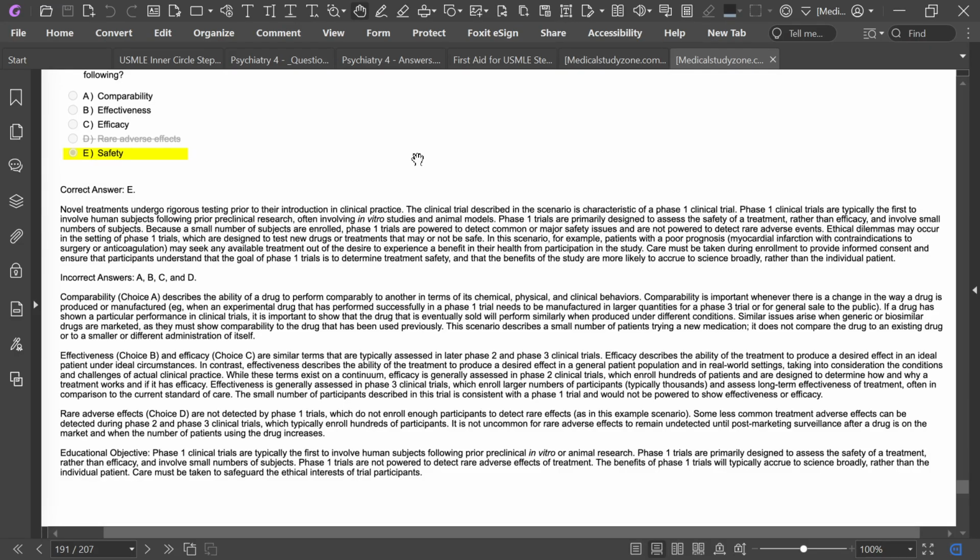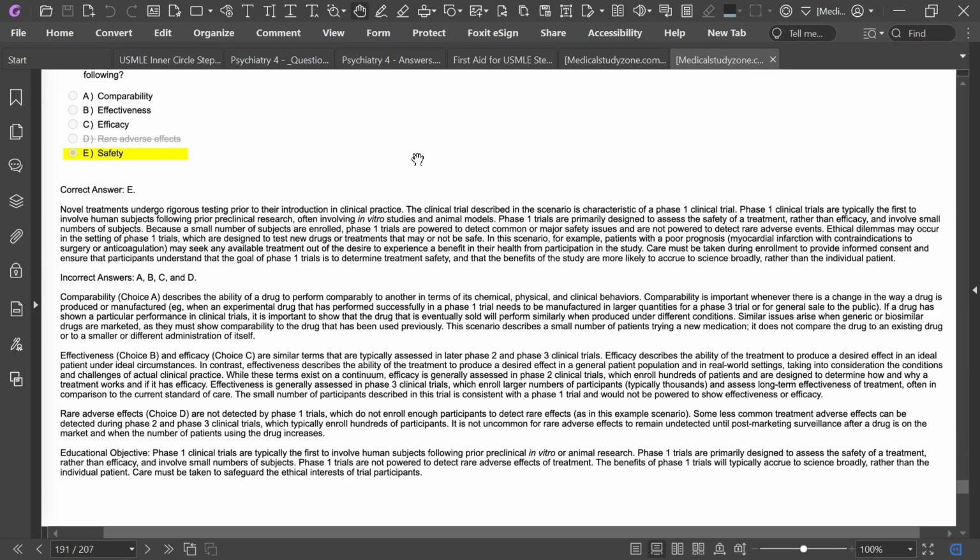Efficacy describes the ability of the treatment to produce a desired effect in an ideal patient under ideal circumstances. In contrast, effectiveness describes the ability of the treatment to produce a desired effect in the general patient population in a real-world setting, taking into consideration the conditions and challenges of actual clinical practice.